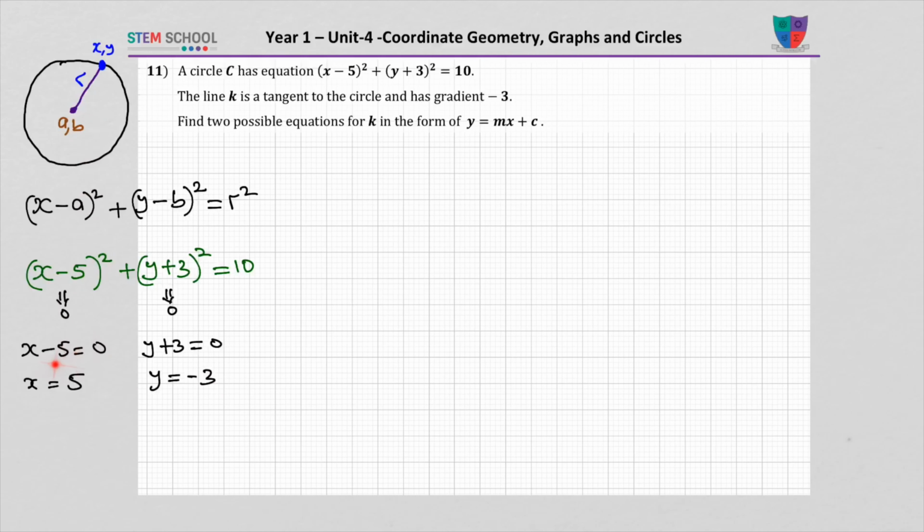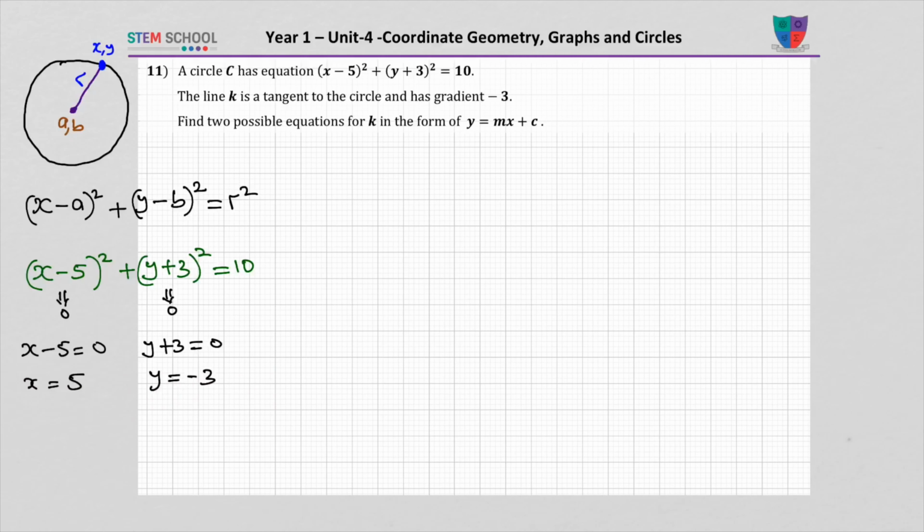Or you can compare that equation with the general equation of a circle. You can see that a is 5, and you can see that b is −3. So the center of the circle is (5, −3).